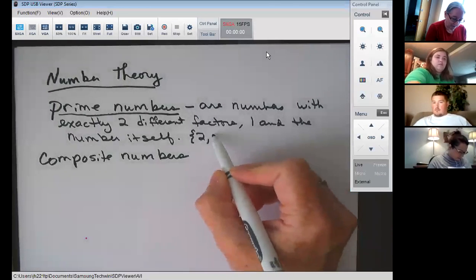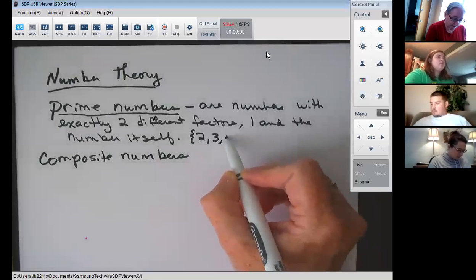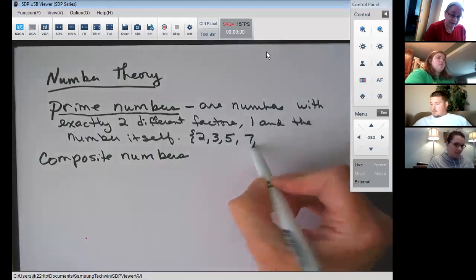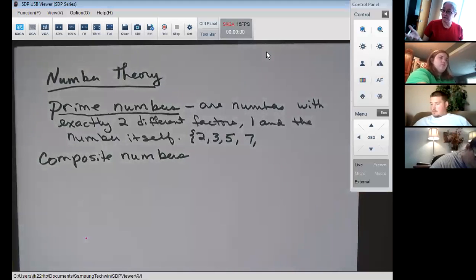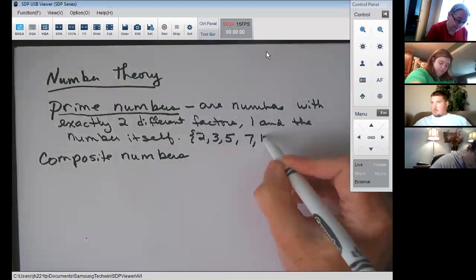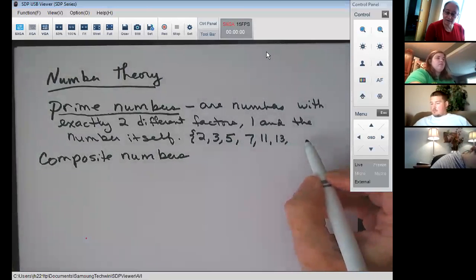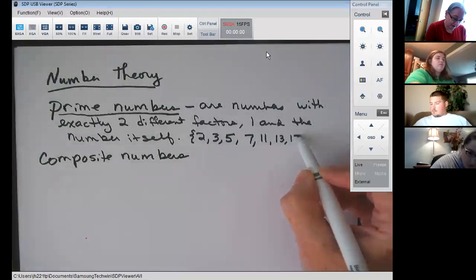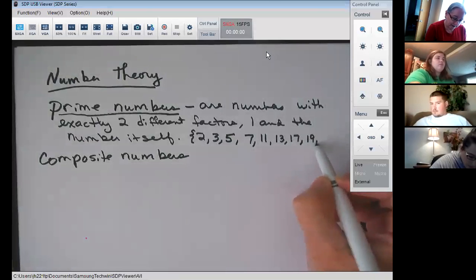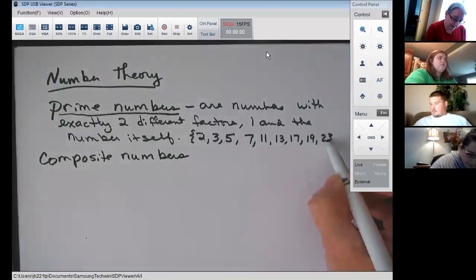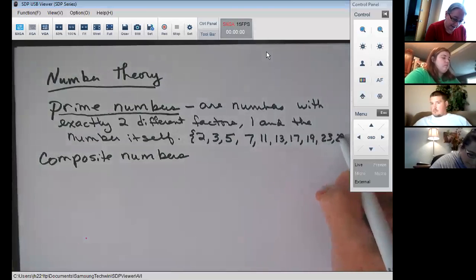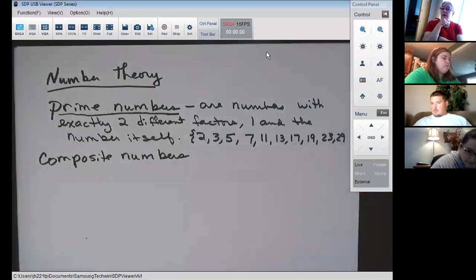So we'd have 2, 3, 5, 7, not 9 though, because 9 has 3 as a factor. 11, 13, not 15 because it has 3 and 5 as factors. 17, 19, 23, 29. How many prime numbers are there?